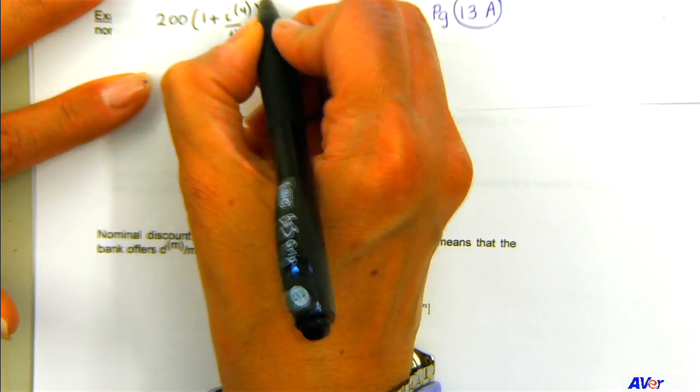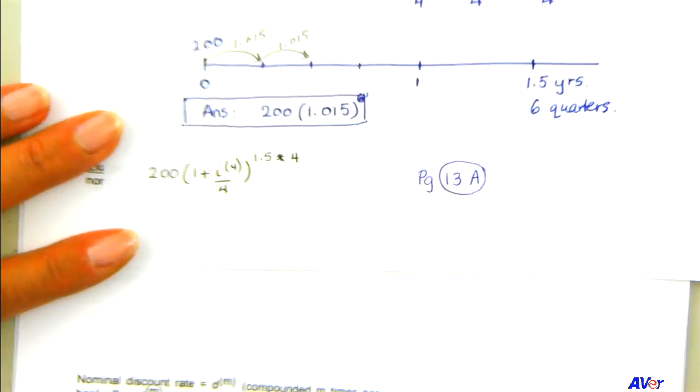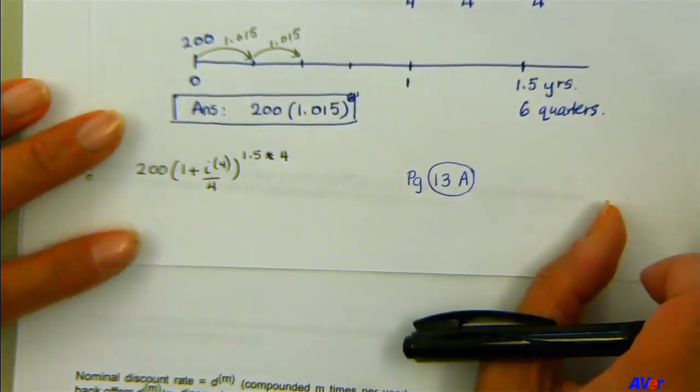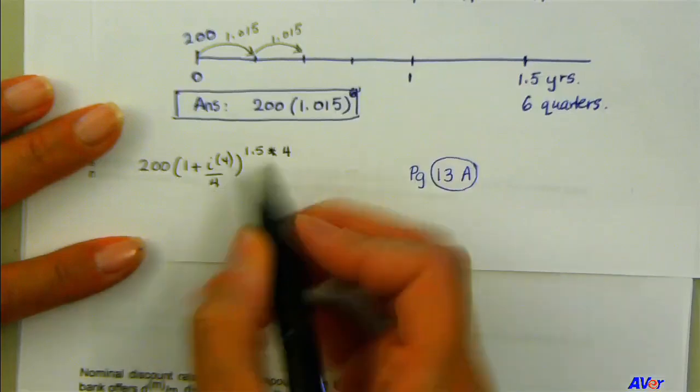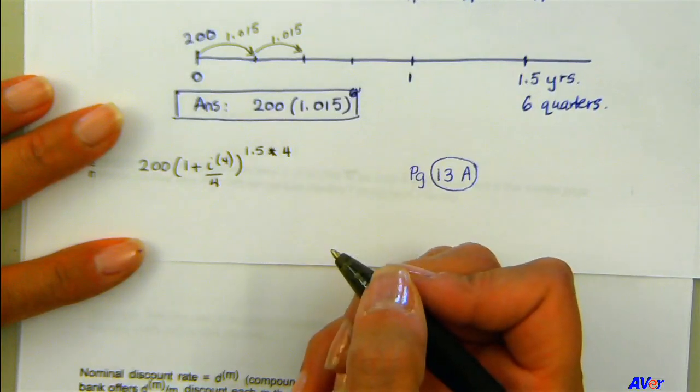So 1.5 times 4, which is 6. Let me make sure that you can see this. That is in fact what I used. So 1 plus I m over m to the 4 times 1.5 years. Get it?